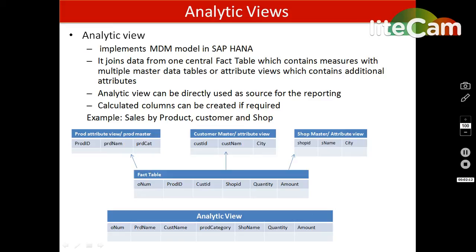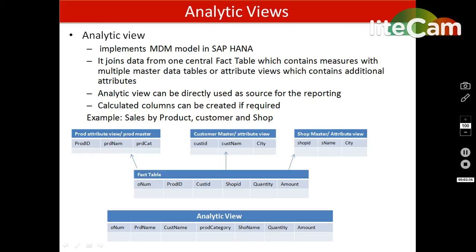So I can go back and drill down my report based on customer name, product category, shop name, quantity. To generate this kind of information, I have to gather the information from master data tables and join that information along with the fact table.